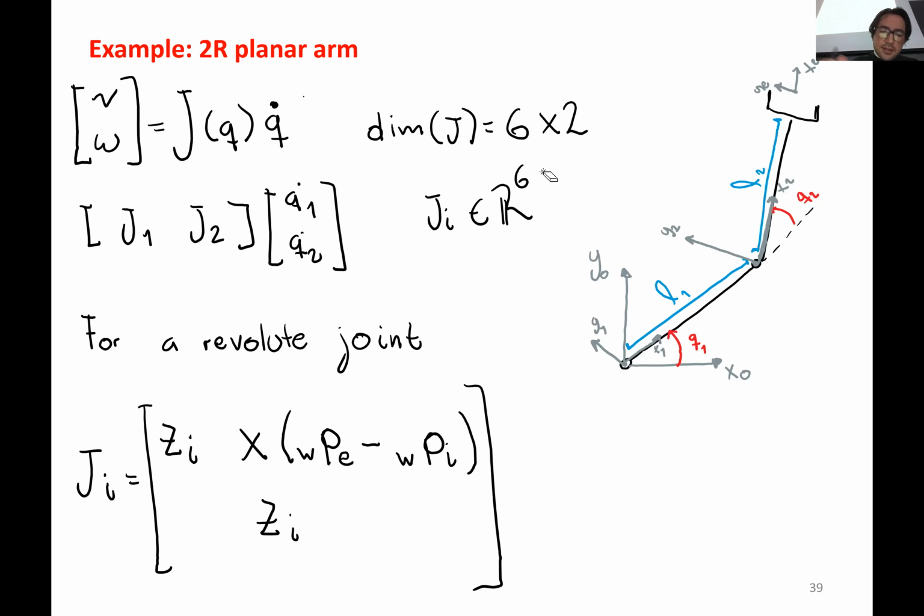On top we have JPi, and on bottom we have JOi. So we're going to be using this expression to derive the Jacobian.